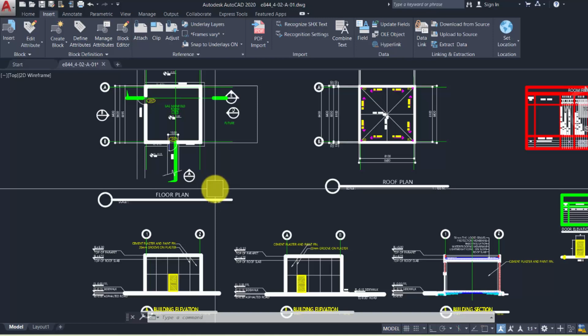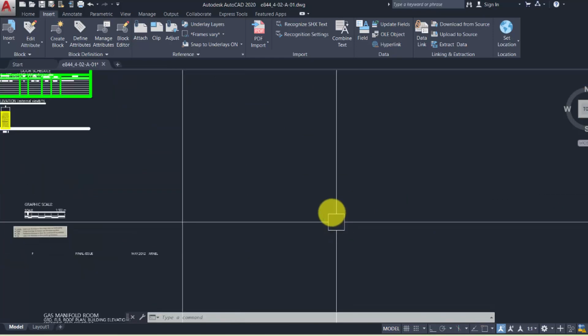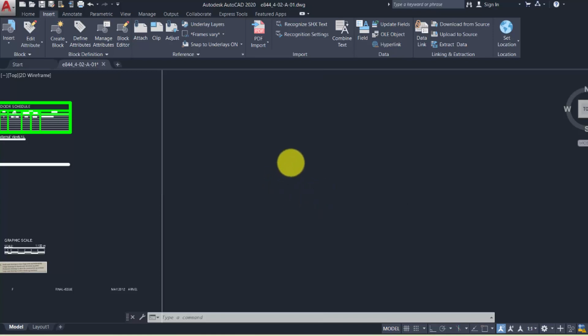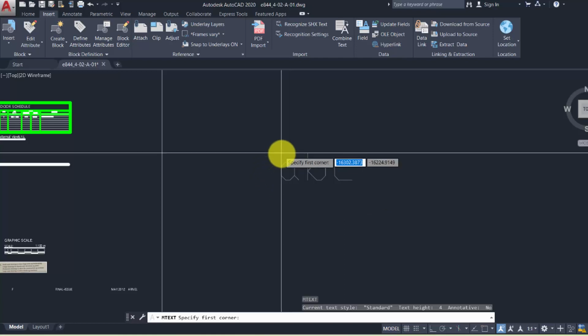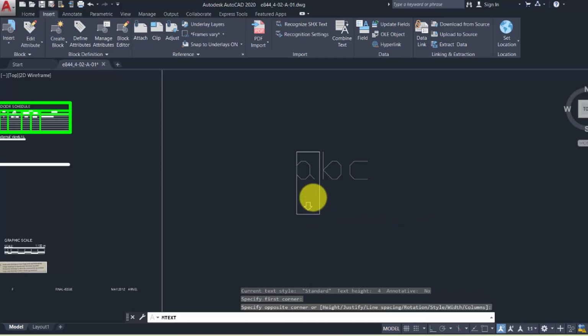So what I'm writing over here is 1 millimeter is equal to 100 millimeters, and that is equal to 0.1 meter, right? So 1 millimeter, then 100 millimeters is equal to 0.1 meters.